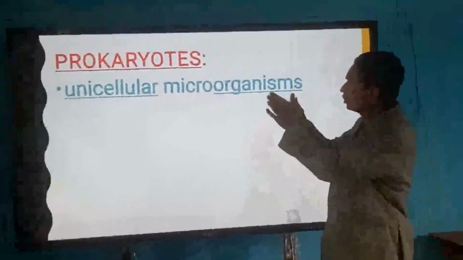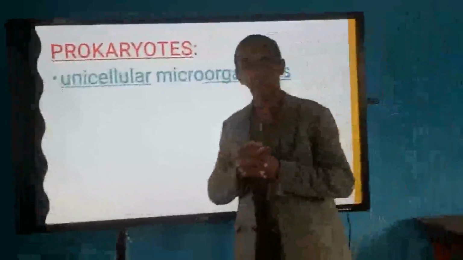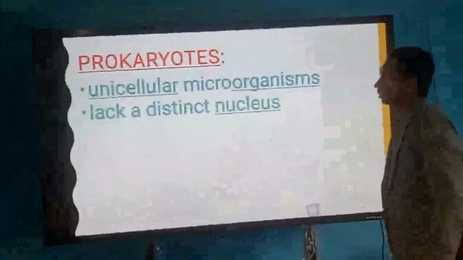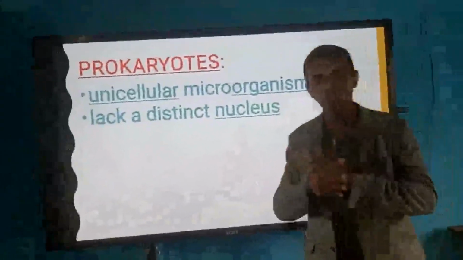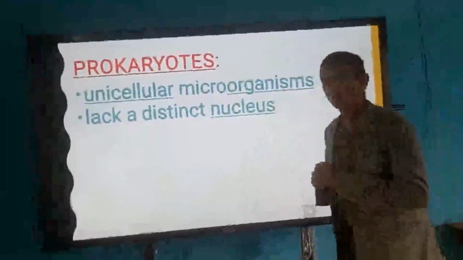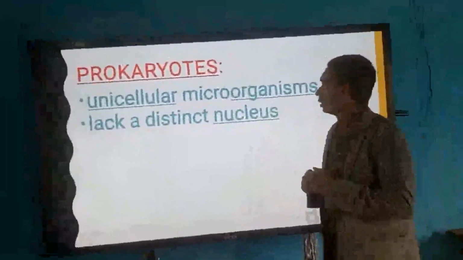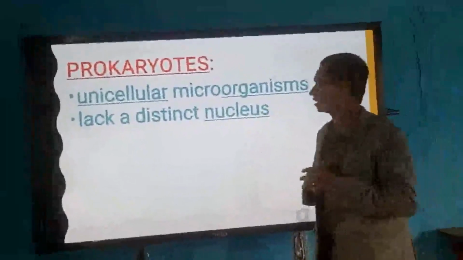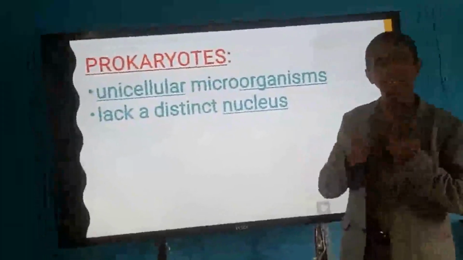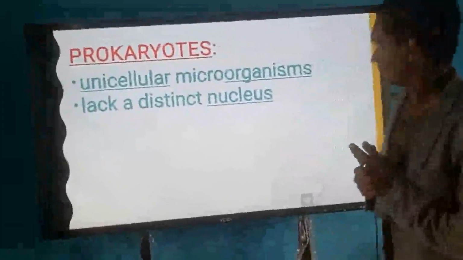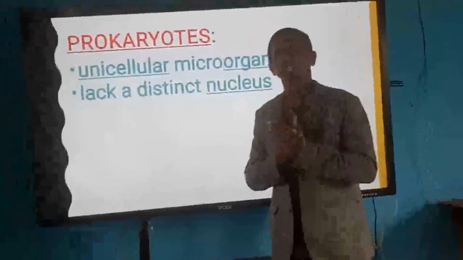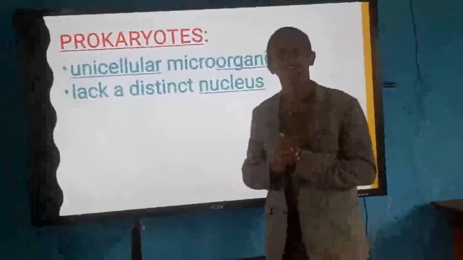We call unicellular microorganisms prokaryotes. Prokaryotic organisms don't have a very evolved or complex nucleus, as we discussed in a previous lesson.